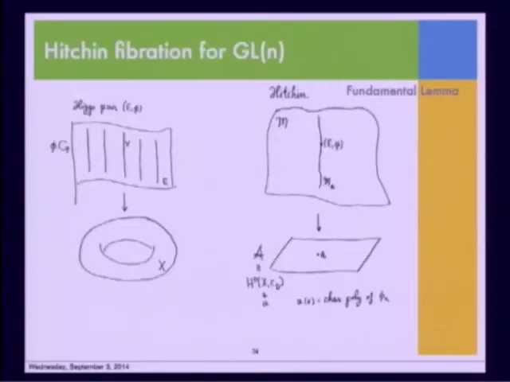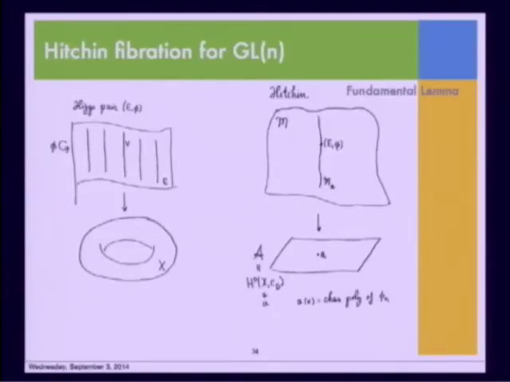So here's the picture. We have a smooth projective curve. We have these Higgs pairs, and then each Higgs pair becomes a point in the moduli space of all Higgs pairs. If we look on the left, this phi is something, and each fiber is something in the Lie algebra.